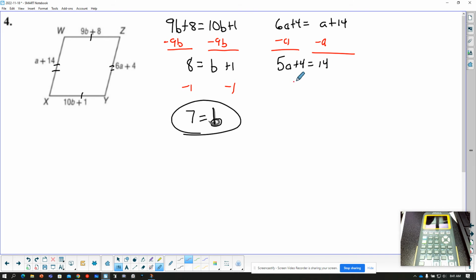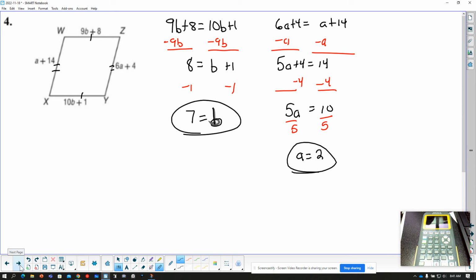And then I'm going to subtract 4 from both sides, and I end up with 5a equals 14 minus 4 is 10. Divide both sides by 5, and we end up with a equals 2. So there is problem number 4 from this assignment.